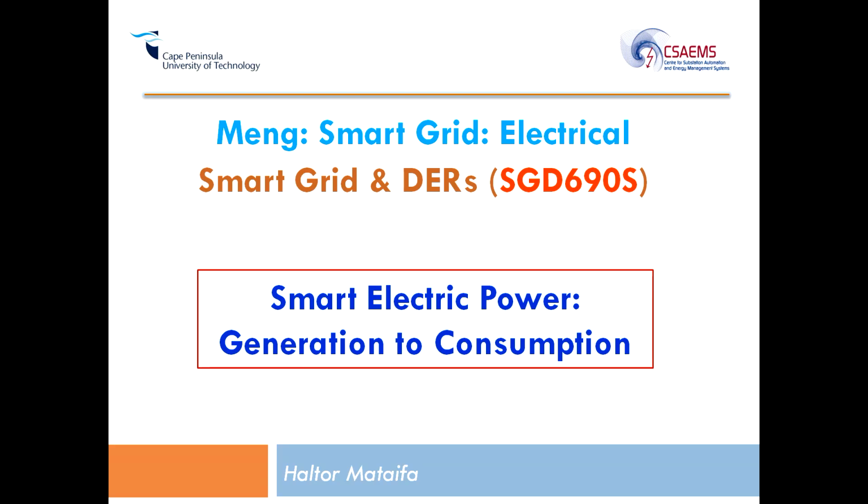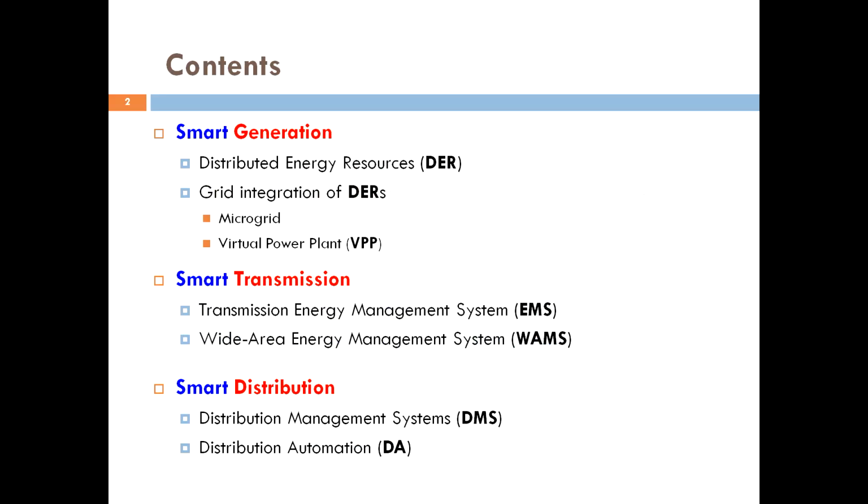In this presentation, the topic we are going to look at is smart electric power from generation to consumption. We are basically going to focus on the application of the concept of the smart grid to various parts of the electric power system.